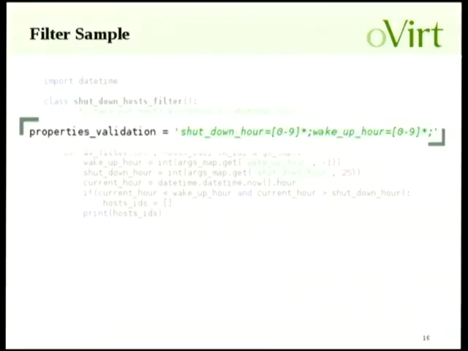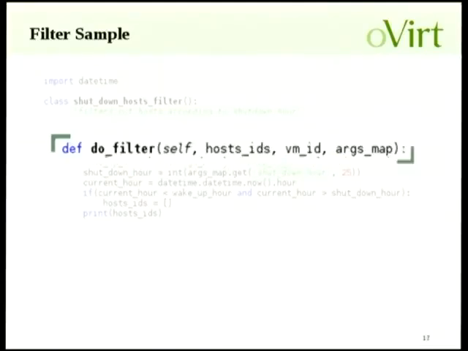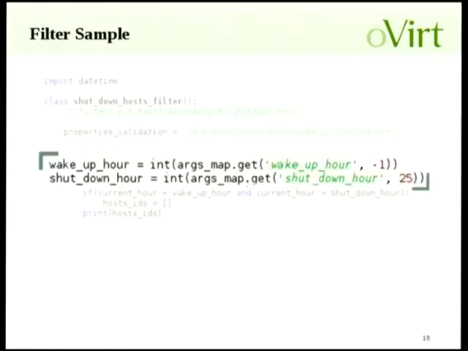The properties validation are basically a set of properties that you can add within the server, and then the filter will get it. This is the name of the filter, and this is actually the signature that you need to override in order to extend a filter, to add a filter to the system.